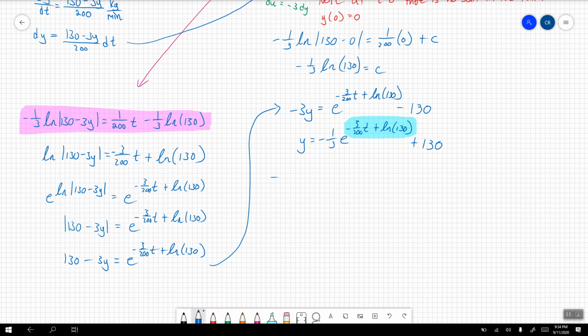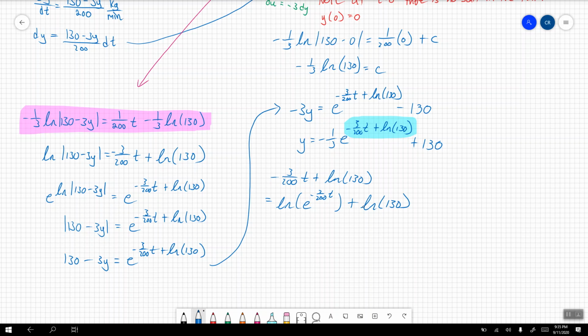So what I'm going to have here is negative 3 over 200t plus the natural log of 130. Now this first term, I'm going to do the natural log of e to the power of negative 3 divided by 200t. Very similar to what we did in the previous section when we were applying L'Hopital's rule.